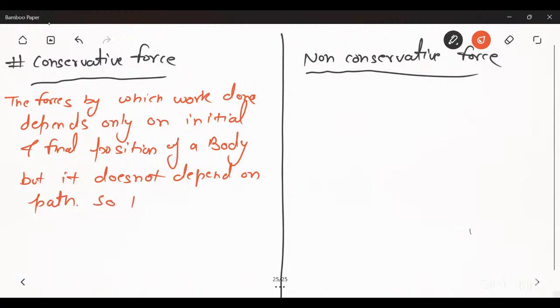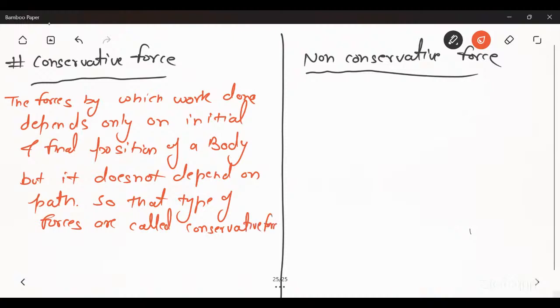That type of forces are called conservative forces. Examples of conservative force are gravitational force or elastic force on a spring.